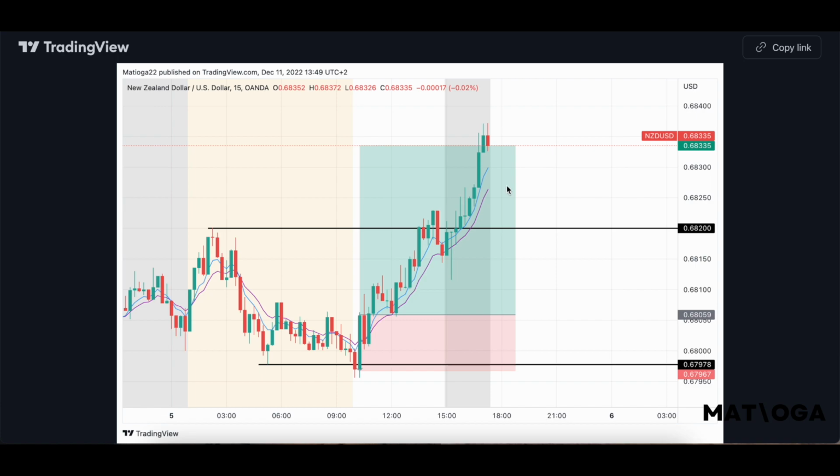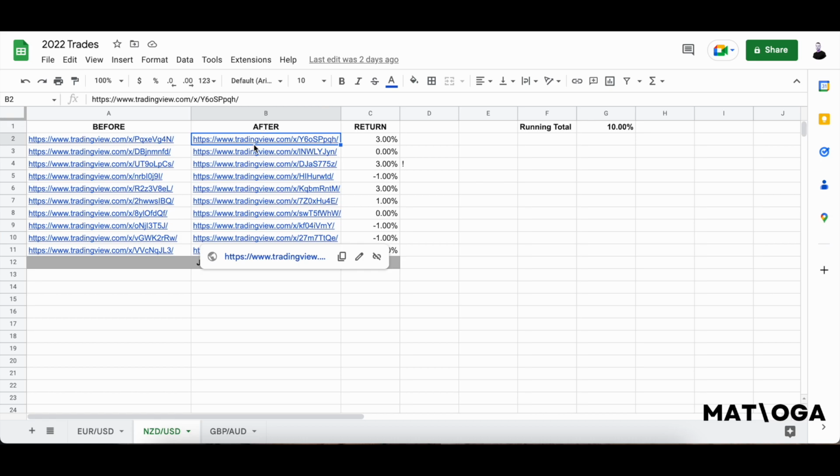So that's the trade. Fairly nicely done. As you can see, we had some reaction at the session high, but that reaction did not stop us from pushing toward the take profit.